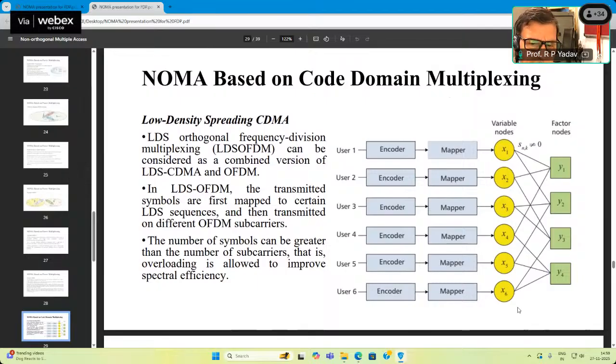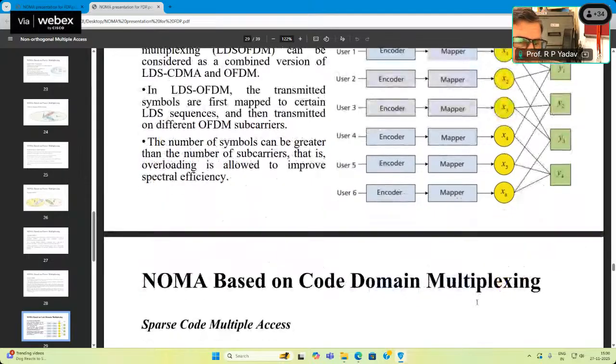The number of symbols can be greater than the number of subcarriers. That is, overcrowding is allowed to improve spectral efficiency. That means sometimes more than one message might be loaded on a particular carrier.